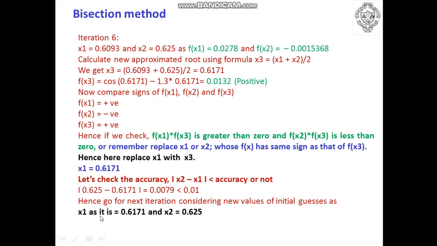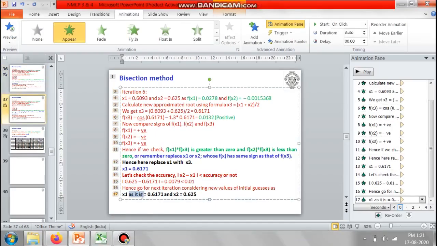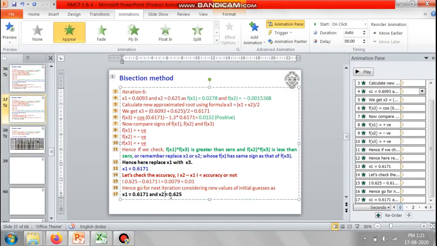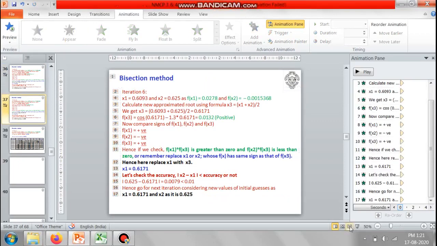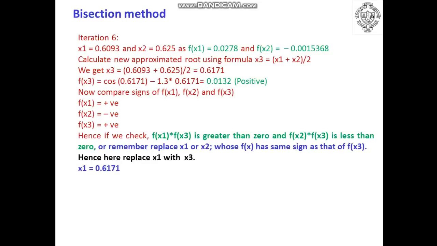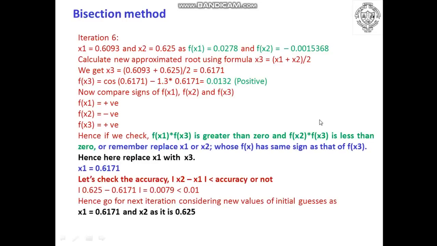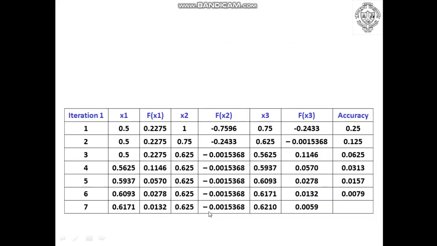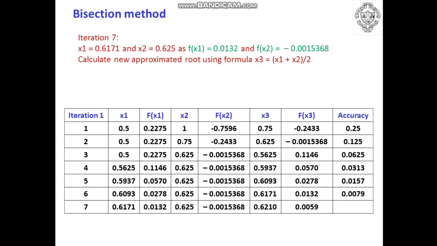Here I have to make a correction: x1 has been replaced and x2 remains as it is. So now let us go for the last step, where we have to find out the midpoint. Since the criteria of accuracy has been fulfilled in this particular iteration, the values of x1 and x2 can now be used to find the midpoint, which is considered to be the exact root.